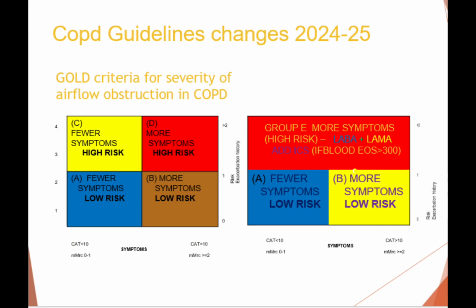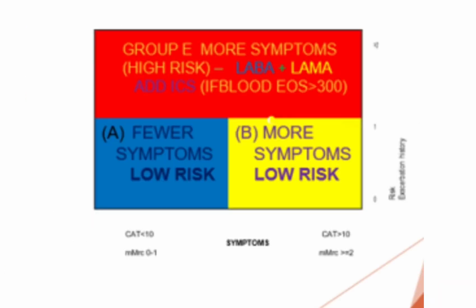They have fewer symptoms but more hospitalization. D, the same, CAT is greater than 10, mMRC is greater than 2, so there are more symptoms but also more hospitalizations. So what is the change in GOLD criteria after 2024?